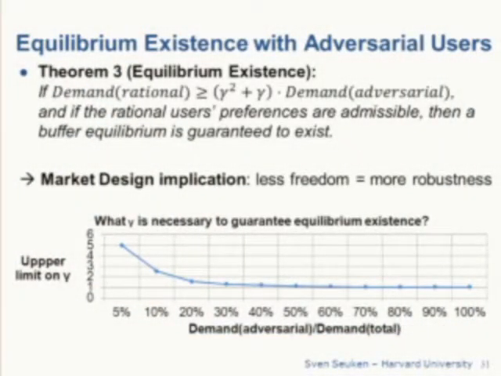So to visualize this a little bit, what this theorem essentially means is it's easier to see on this graph. Here on the x-axis, I'm plotting the demand by the adversarial users divided by the total demand in the system. So essentially this is saying if only a few of my users are adversarial or irrational, then I can set my gamma relatively high to something like 5, and I'm still guaranteed that the equilibrium exists, so I can reach the buffer equilibrium and be safe.